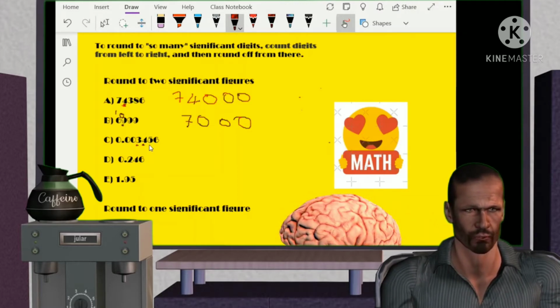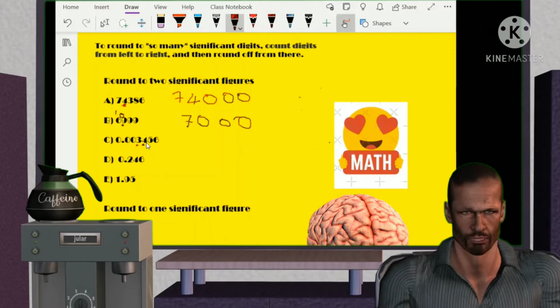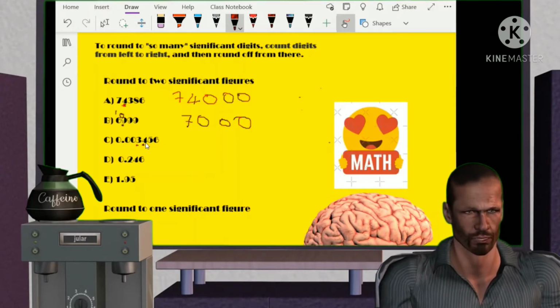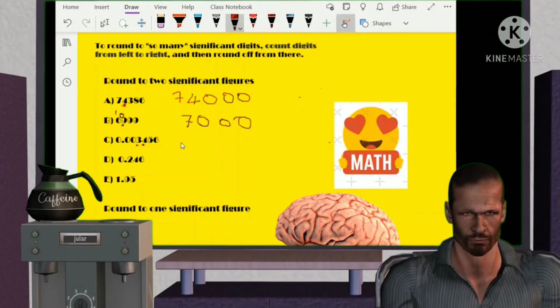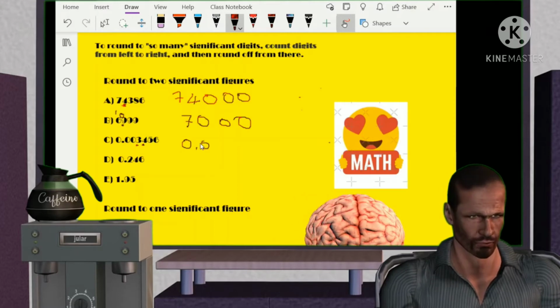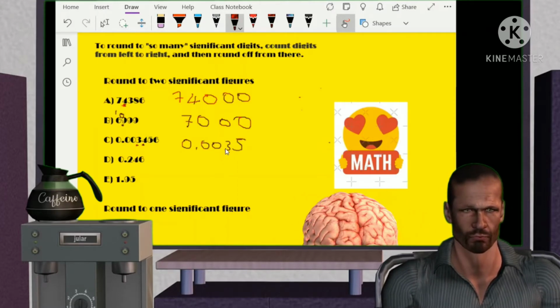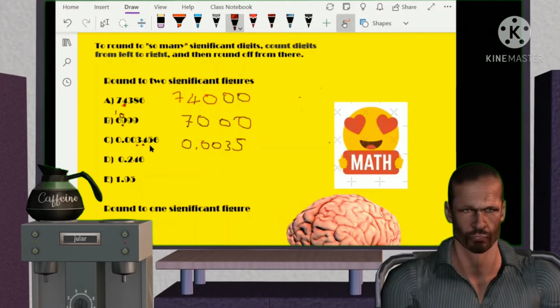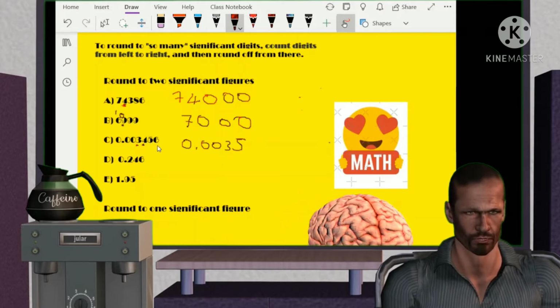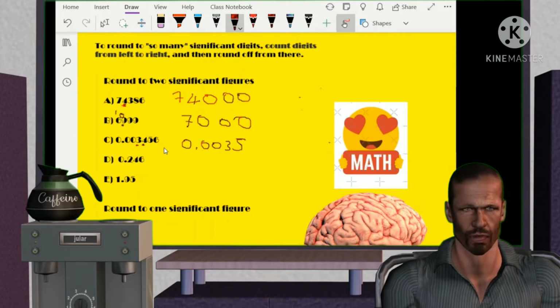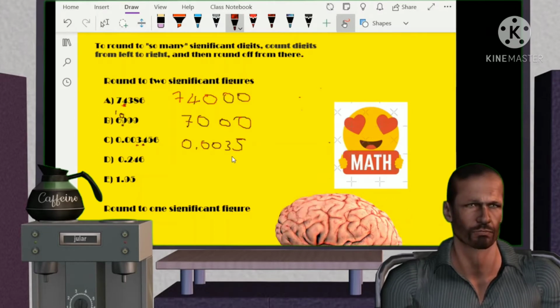And the rule says if it's 5 or above, we round the previous digit up. So I'm going to round the 4 up to 5. So I'm going to have 0.0035 to two significant figures. Now, of course, you know the rule. We can't replace the 5 and the 6 by zeros because we're going to end up with more significant figures than we want. So this is my answer.